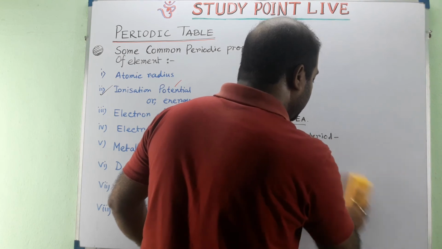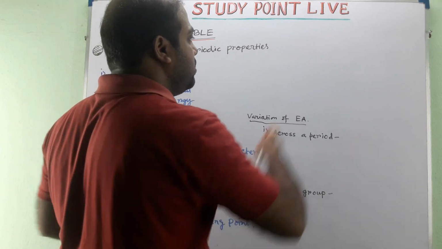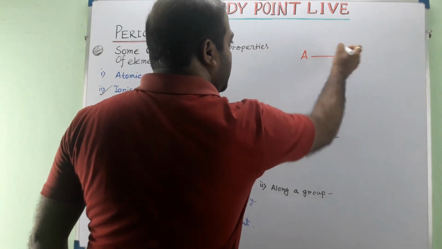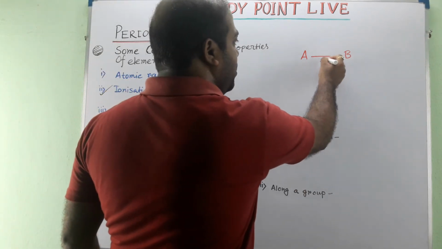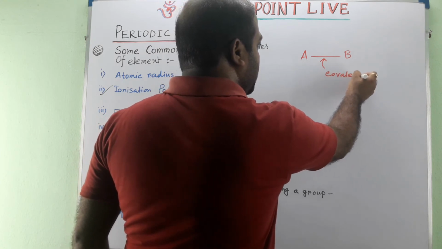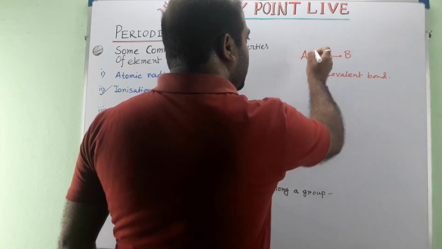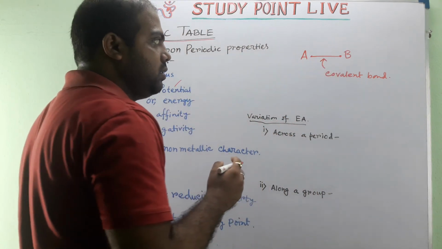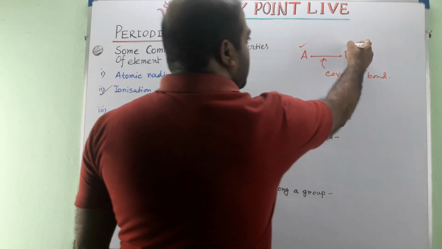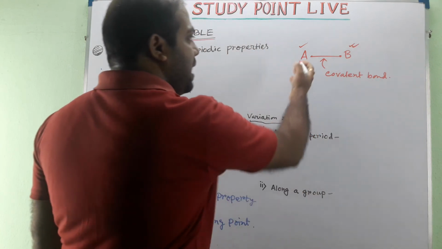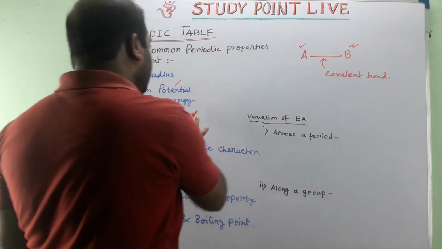When an element is attached with another element, suppose A and B, by a covalent bond in a molecule, then the bond pair electron is attracted by either A or B. This attraction force to attract the bond pair electron is known as electronegativity.